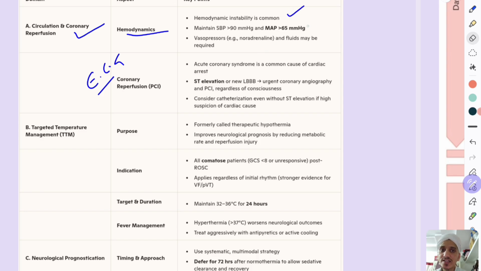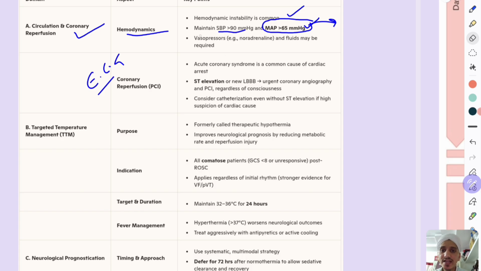That's why it's very important to maintain SBP of 90 mmHg and mean arterial pressure, this is very important, because BP can be normal, 100 mmHg, but mean arterial pressure may be less than 65 mmHg. That is detrimental actually. So mean arterial pressure should be more than 65 mmHg.